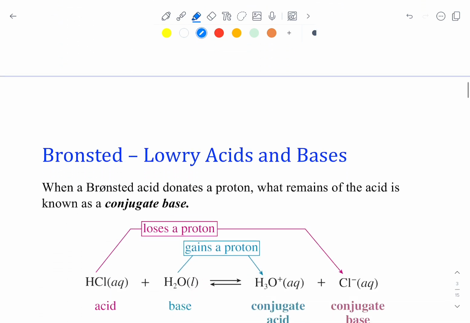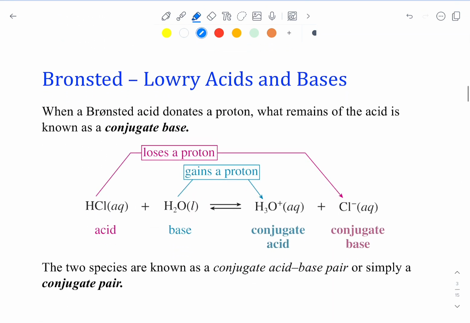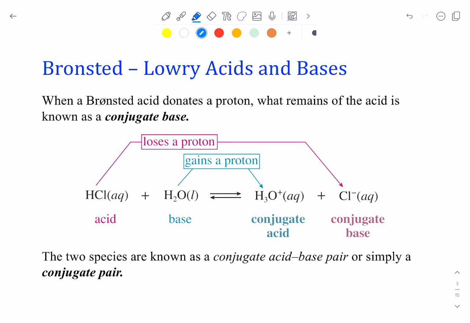So let's talk about Bronsted acids first. So when a Bronsted acid donates a proton, what remains of the acid in the product side of our chemical reaction is known as the conjugate base. So here in our chemical reaction, we can see HCl is labeled as the acid.